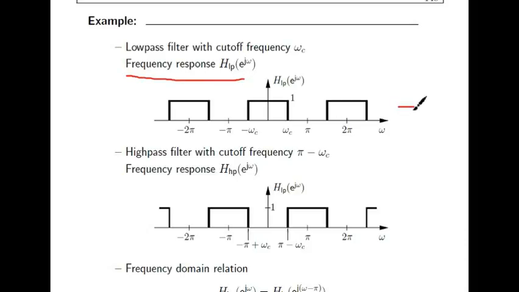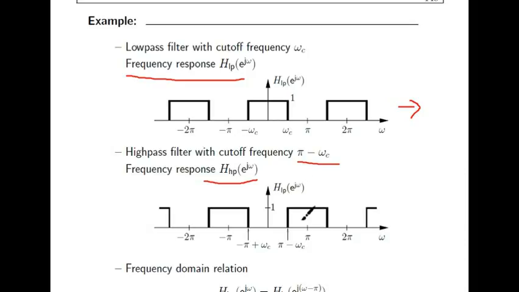Don't get confused because here you are seeing that it is periodic, because I already told you that filters are periodic in the discrete time case, and are for one block only in the continuous time case. And we have a high pass filter with cutoff frequency pi minus omega c, and its frequency response is H HP of e to the power j omega, and its graphical representation is also shown there.